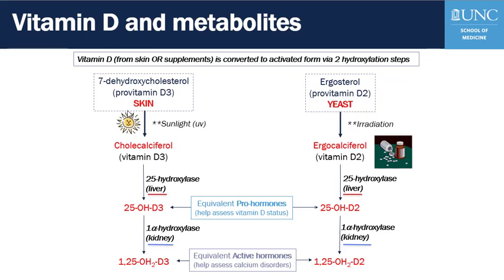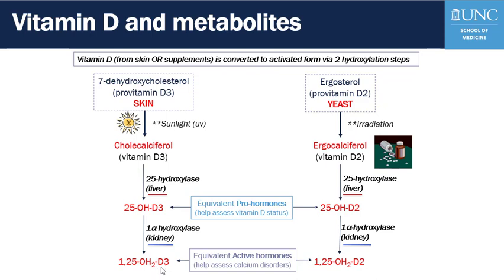So first, sunlight converts provitamin D3 to vitamin D3 or cholecalciferol. Then a 25-hydroxylase enzyme in the liver converts cholecalciferol to 25-hydroxy vitamin D3. Finally, 1-alpha hydroxylase in the kidney catalyzes the last step of activating vitamin D3 and produces 1,25-dihydroxy vitamin D3.